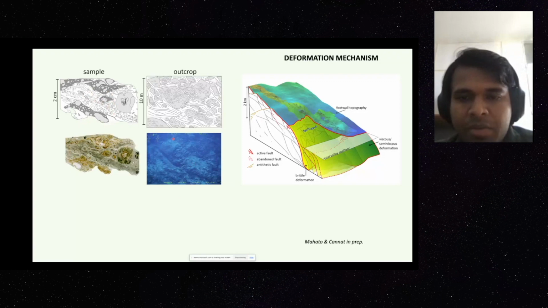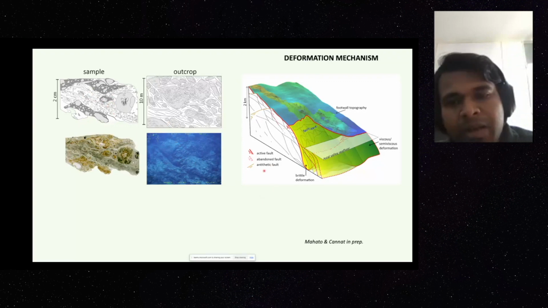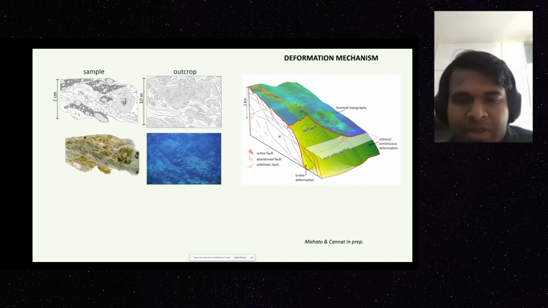And at the outcrop scale, we also observed variably thick sheared domain with variably sized blocks, and similarly at the kilometer scale fault zone, we expect sigmoidal blocks like this will be of several hundreds of meters wide and long.